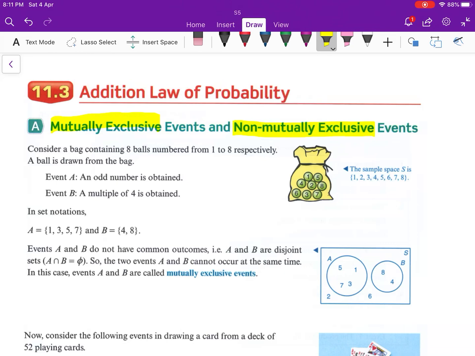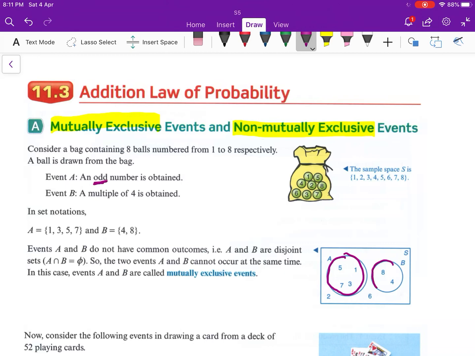First of all, let's take a look at what mutually exclusive is. Mutually exclusive tells you that the two events are totally different. They have no relationship. For example, event A includes the numbers 1, 3, 5, 7. All of them are odd numbers.